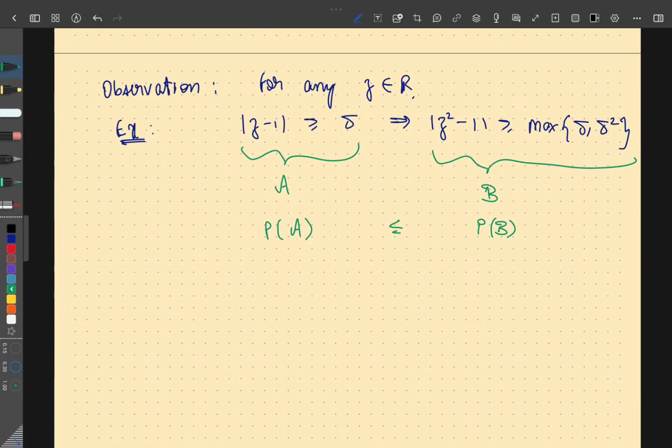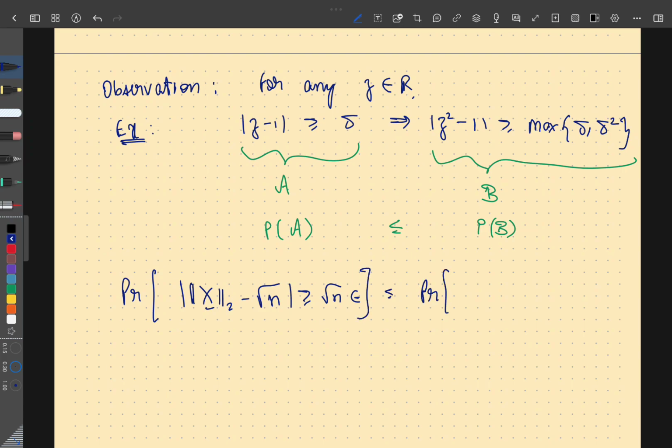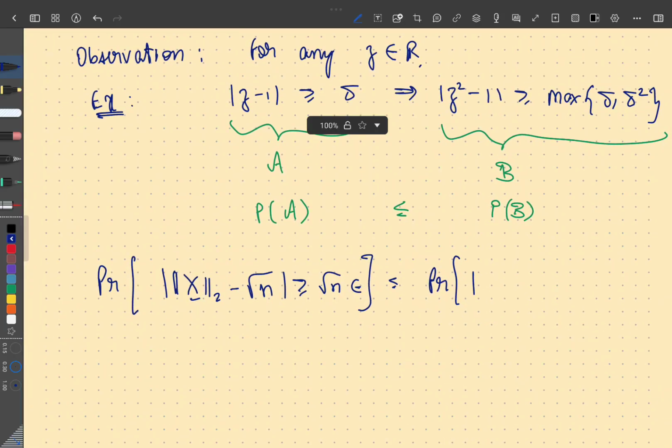Right? So if I just use this, then the probability that the L2 norm of x minus root n is greater than or equal to root n times epsilon, for some epsilon positive, is less than or equal to the probability that the L2 norm squared of x minus n deviates from n by an amount n times epsilon square.